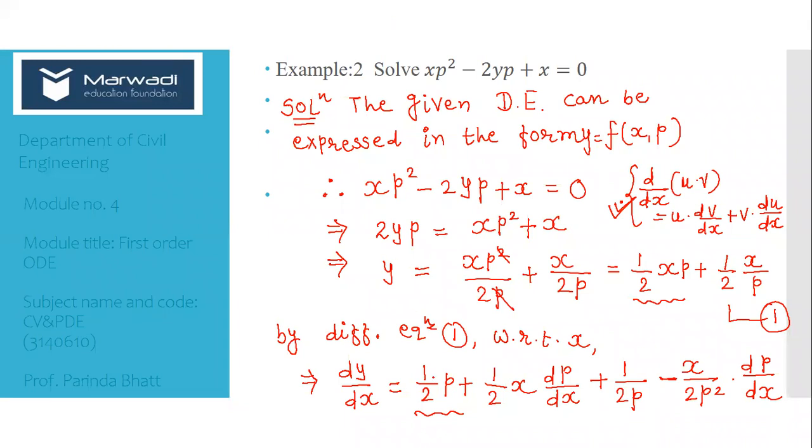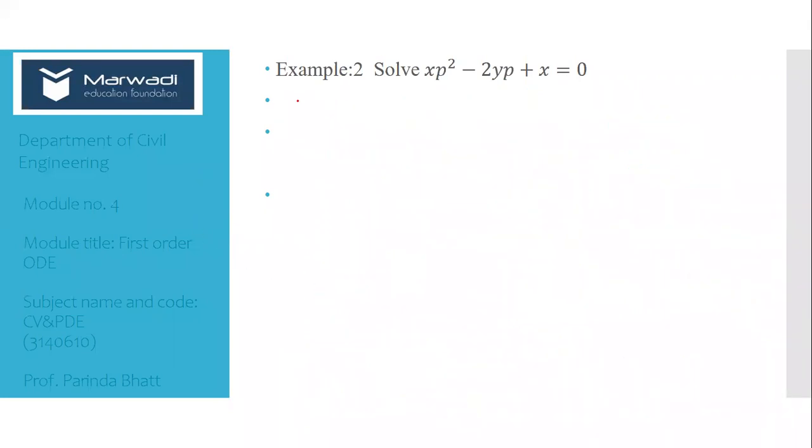Okay. Now in the next slide, we apply on the left side, dy by dx equal to p. Therefore, p equal to 1 by 2p, no change on the right side. Then 1 by 2 plus, merge the terms with dp by dx.